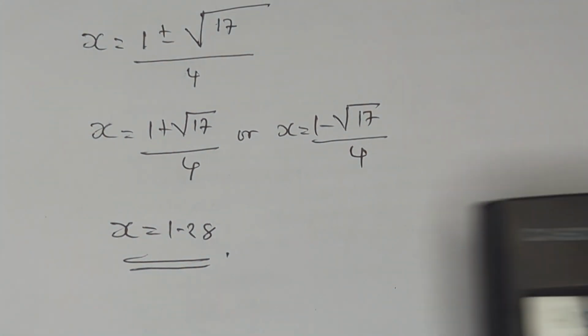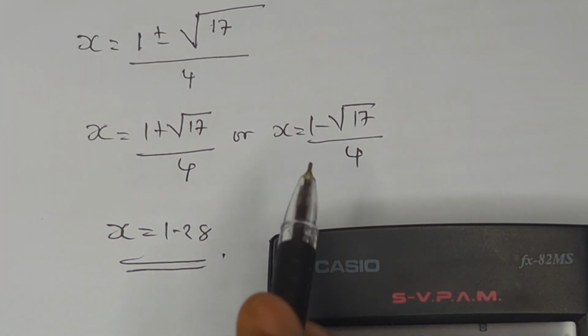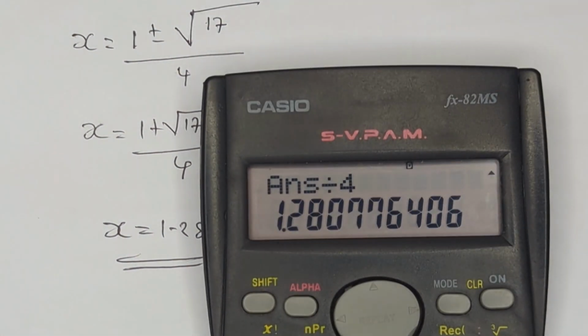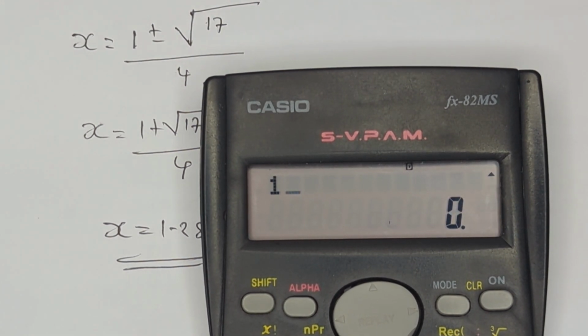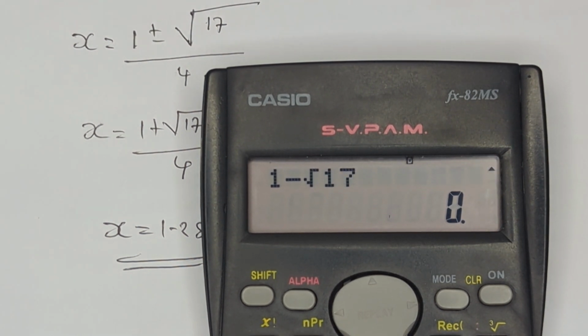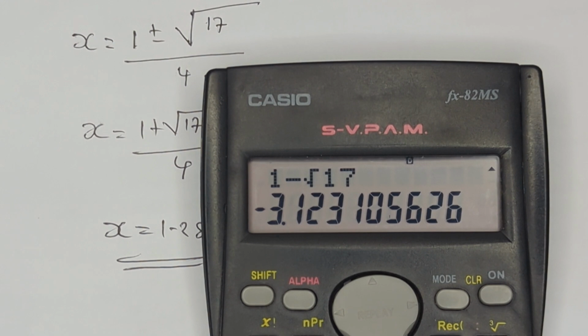The other value, if we use the negative, so for this one, that is 1 minus the square root of 17. It is giving us that divided by 4.